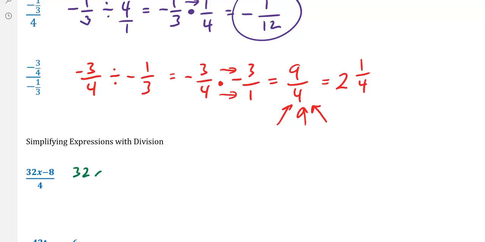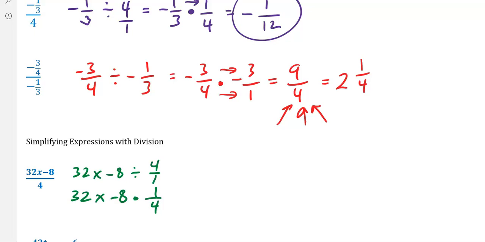So I'm going to rewrite it, 32x minus 8 divided by 4, right? That's the same thing as 32x minus 8 times 1/4. Because we made 4 into a fraction, 4 over 1, it becomes 1/4.